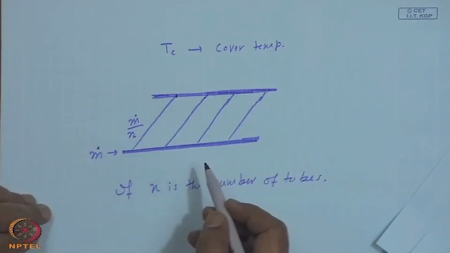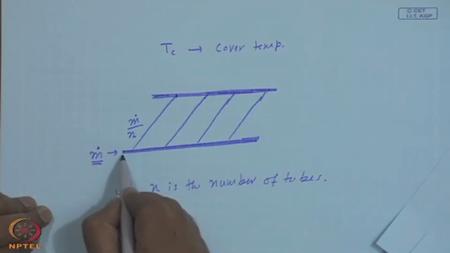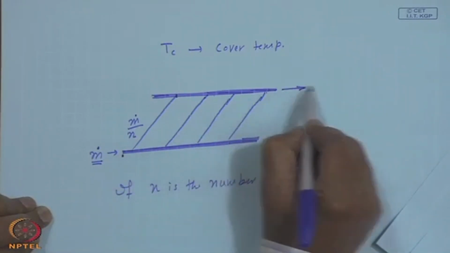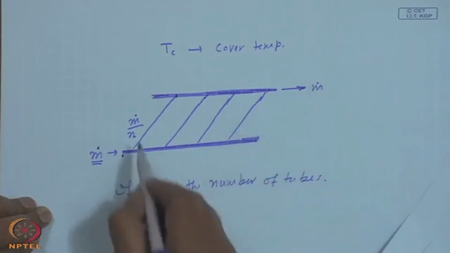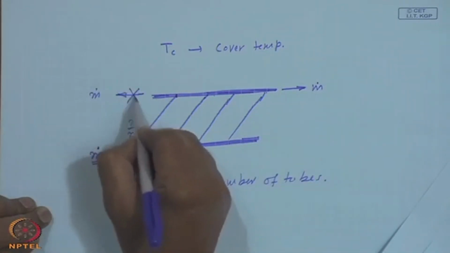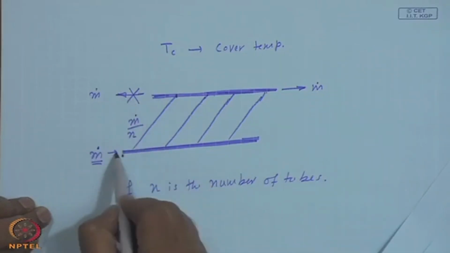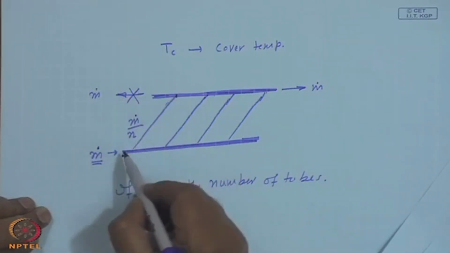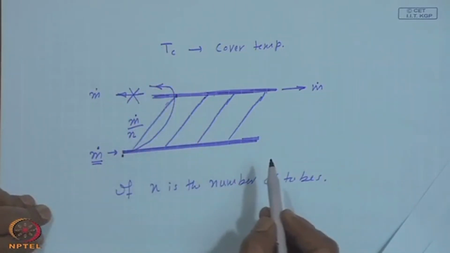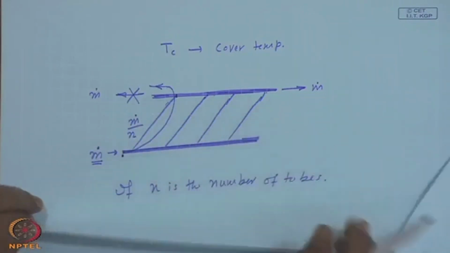So, they provide a uniform flow, or alternately if you take m dot to be inputted over here, this will be coming out as m dot on the other side. If you choose the second alternative, where it enters on the same side and leaves the same side, then there is likely to be a short circuit and most of the flow will go through the first few pipes rather than uniformly up to the last one.